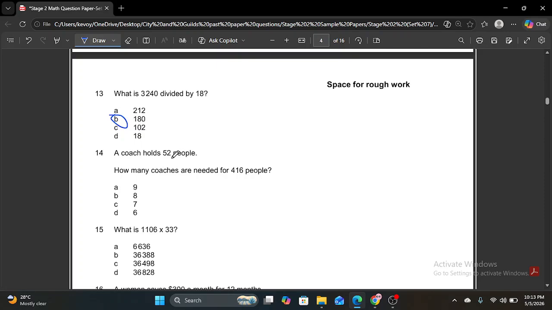A coach holds 52 people. How many coaches are needed for 416 people? So we're dividing. Let's write it properly. 416 divided by 52.